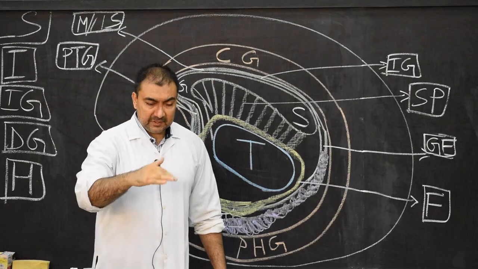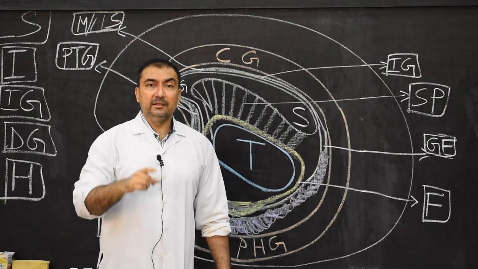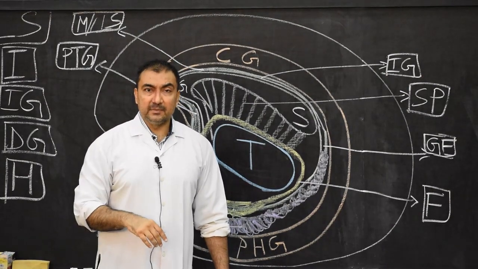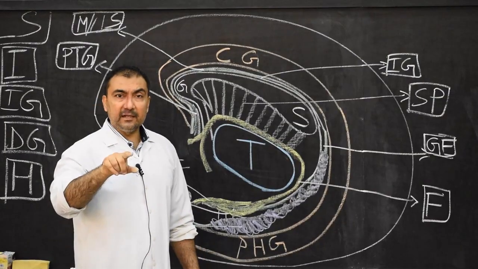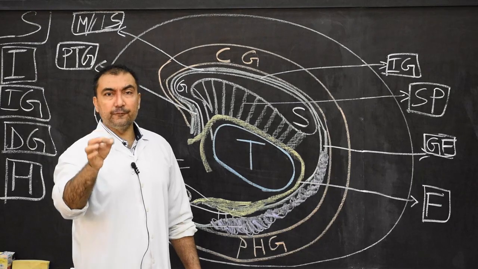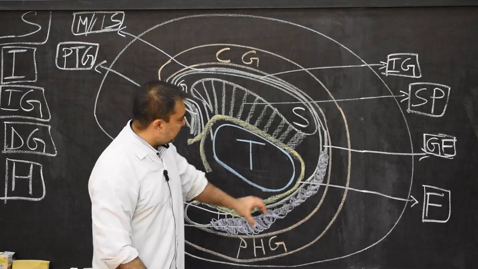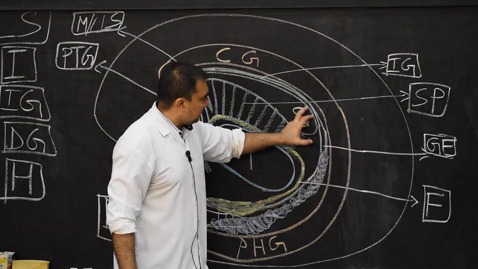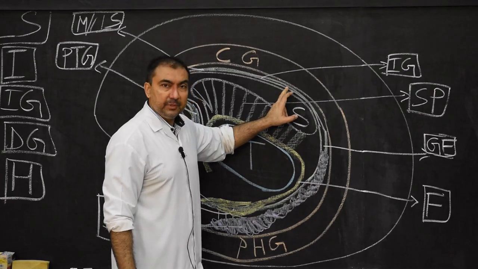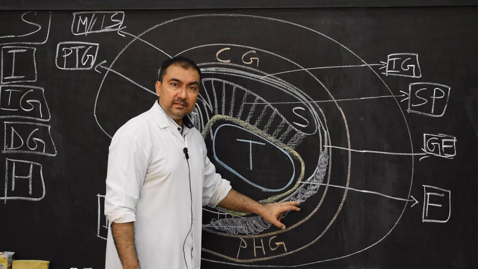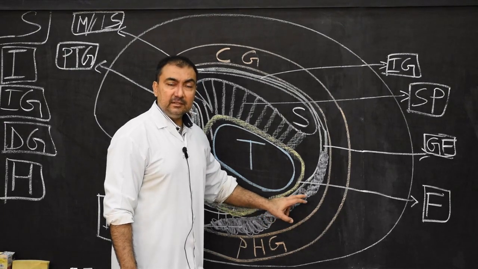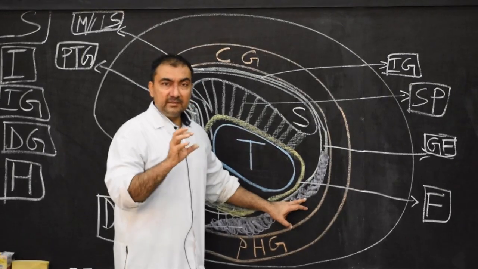The posterior continuation of dentate gyrus is gyrus fasciolaris. Indusium griseum will continue posteriorly as dentate gyrus through gyrus fasciolaris. So what is gyrus fasciolaris? It is the important connection between the indusium griseum present superior to the corpus callosum and dentate gyrus, which is present in the inferior part, in the temporal lobe. That is part of the hippocampal formation.